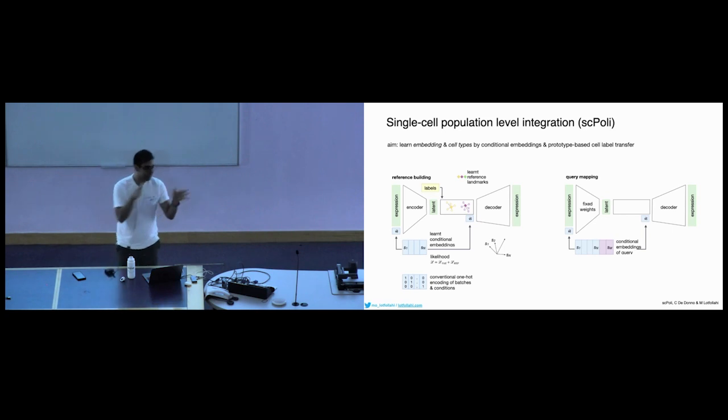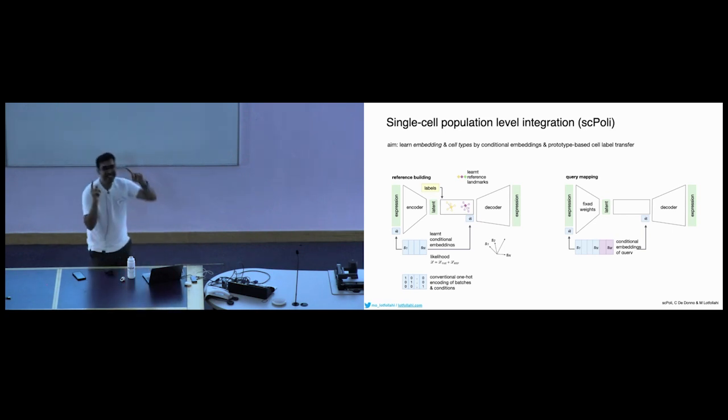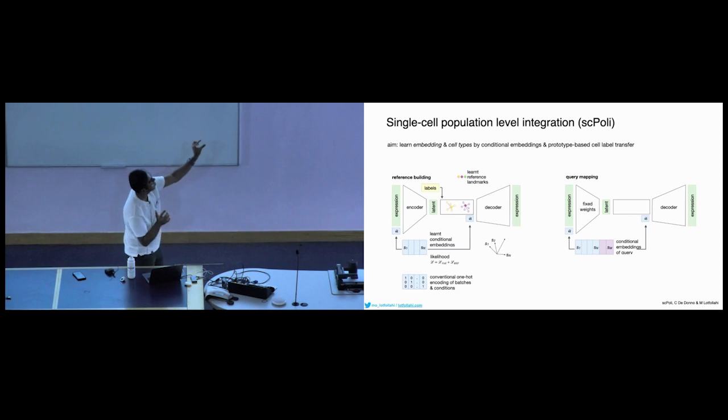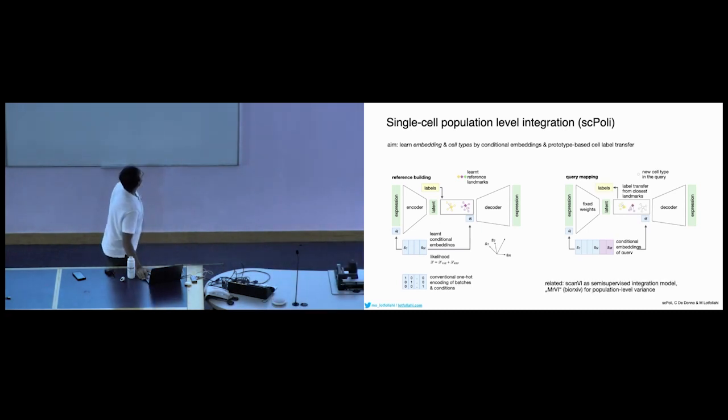I promised myself not to talk about it, but I like it. In this case, since you don't need to use hooks, and you have this conditional embedding, you have a dictionary. Whenever you have a new data set, you basically add one element to that dictionary, and you only optimize the embedding corresponding to that patient or sample.